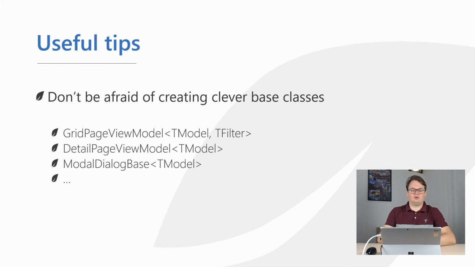You can also very soon find that you can write a model dialog base class for all the model dialogs, because all the model dialogs will probably have the show and hide features, so that can be implemented in your base class.